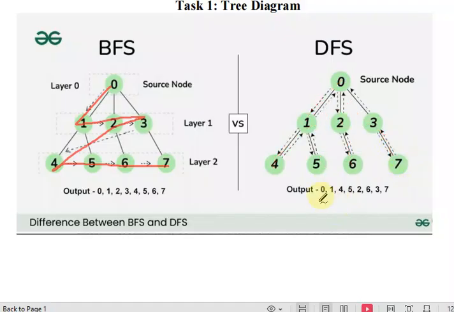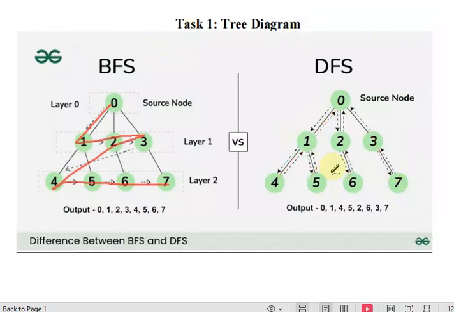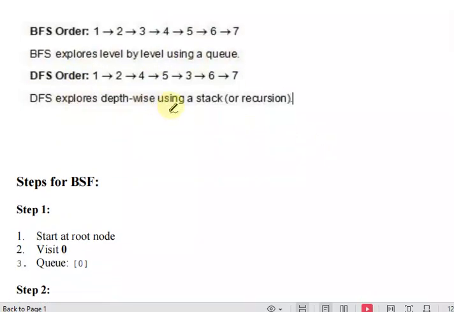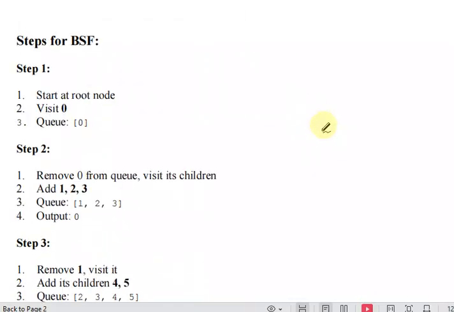So here it is written 0, 1, 4, 5, 2, 6, 3, 7. So it goes deep and deep before backtracking. Then we have given the outputs here: BFS using a queue, DFS depth-wise using a stack or recursion.